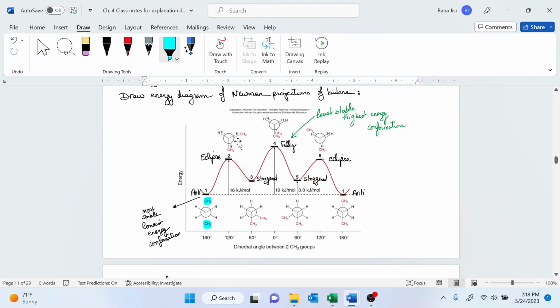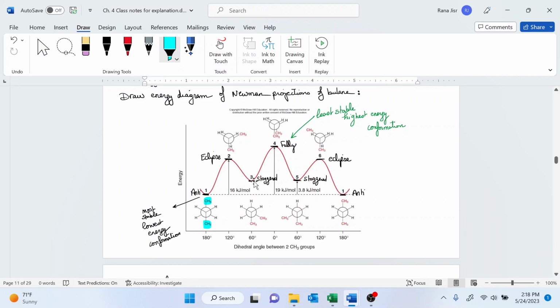So for the eclipse here, I have my dihedral angle to be 120. Always the eclipse has a higher energy than that of the staggered because the bonds are eclipsing. Then you have your staggered conformation. Staggered here is the gauche, and the gauche is whenever your CH3s are 60 degrees apart.